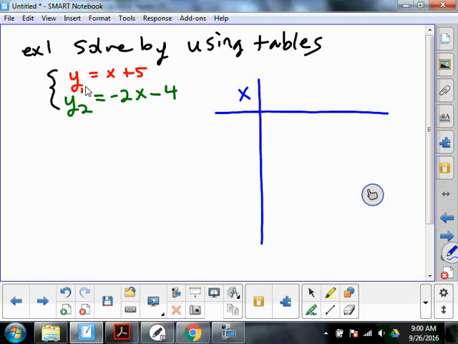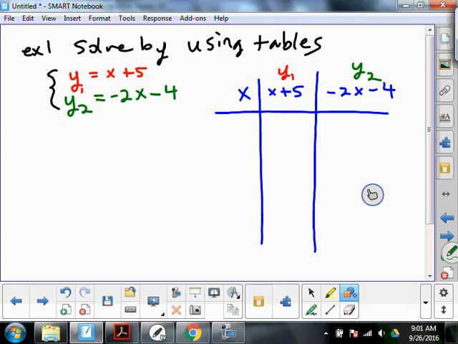And rather than writing y, because I know it's y, I'm going to write x plus 5. Now that's what my y sub 1 is. And then in the next column over, I'm going to go ahead and write negative 2x minus 4. That's what my y sub 2 is. Okay? So to be clear, here's y1, here's y2.